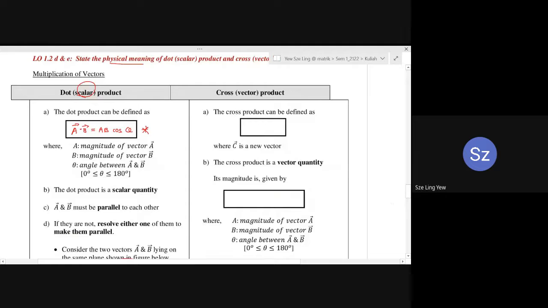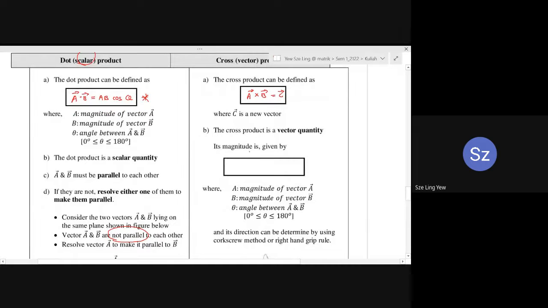Now let's look at the cross product. The cross product is defined as vector A cross vector B equals vector C. It can be written as, or the magnitude can be written as, when you want to calculate the magnitude, you put a modulus beside the vector.